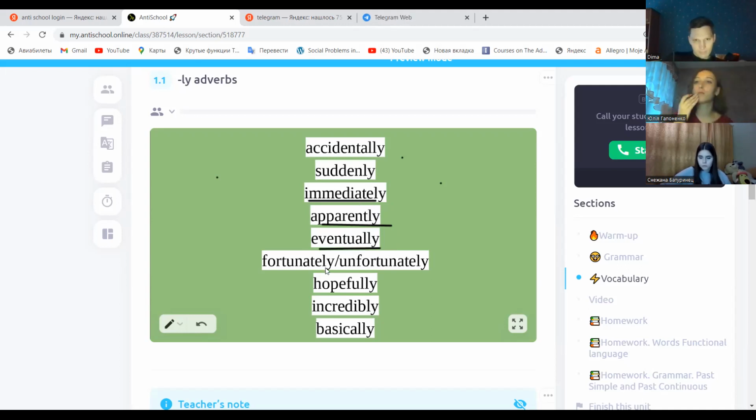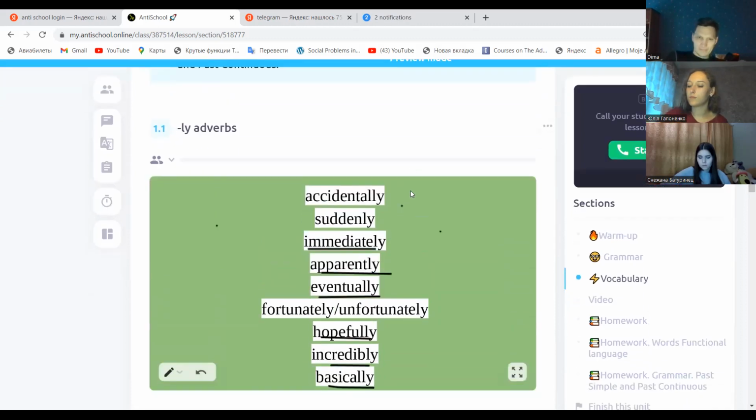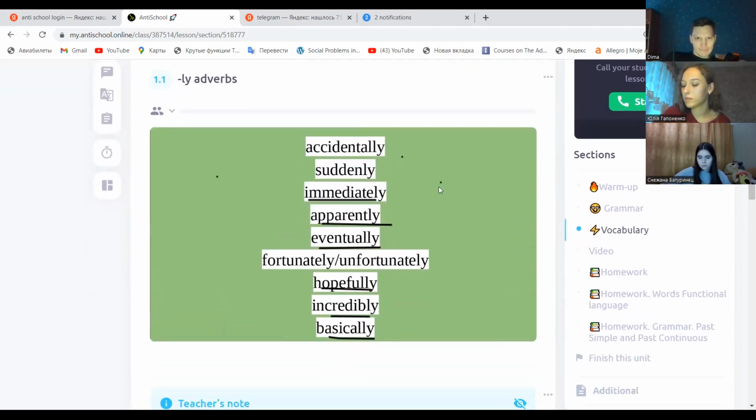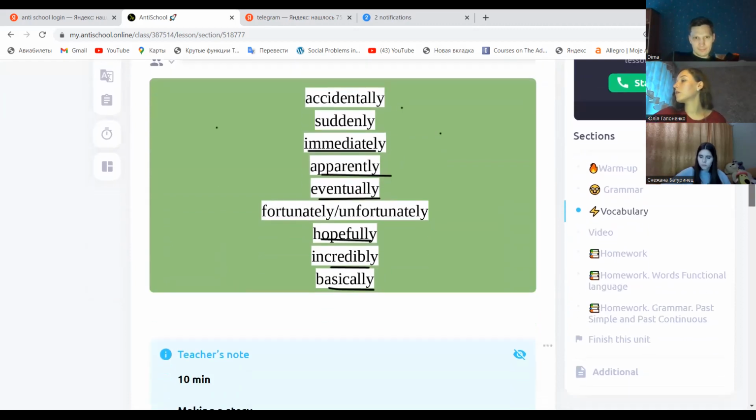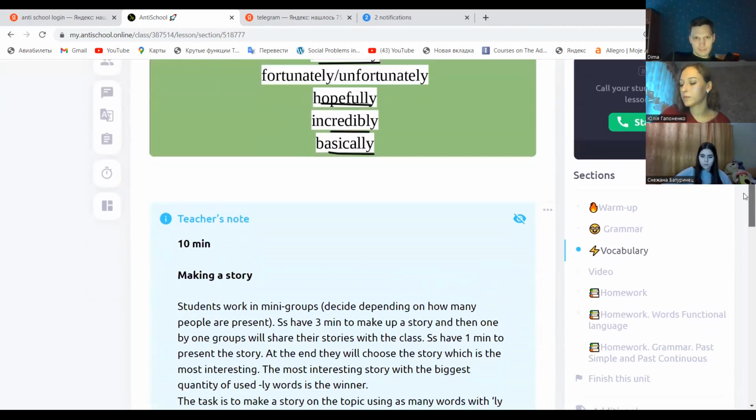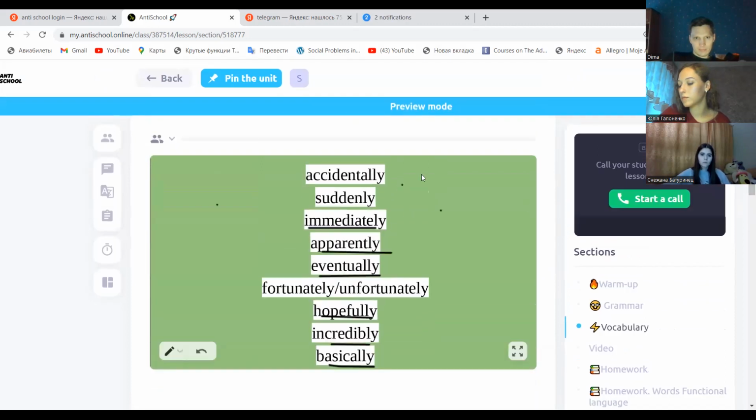Finally, eventually, fortunately, unfortunately, we know them. Hopefully, incredibly, basically. То есть эти слова нам нужны, чтобы вставлять истории. И давайте продолжим сейчас. You can take a picture of these words, because in the lesson we will be making stories.